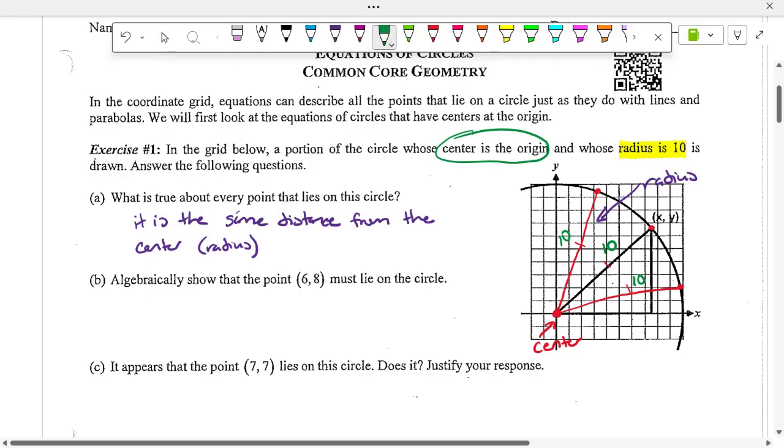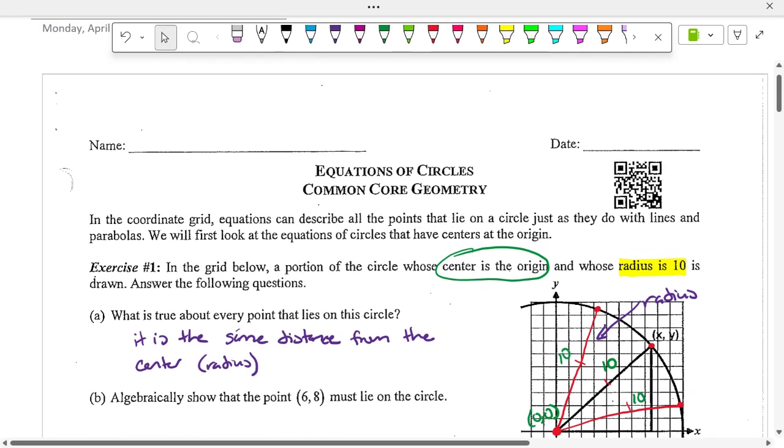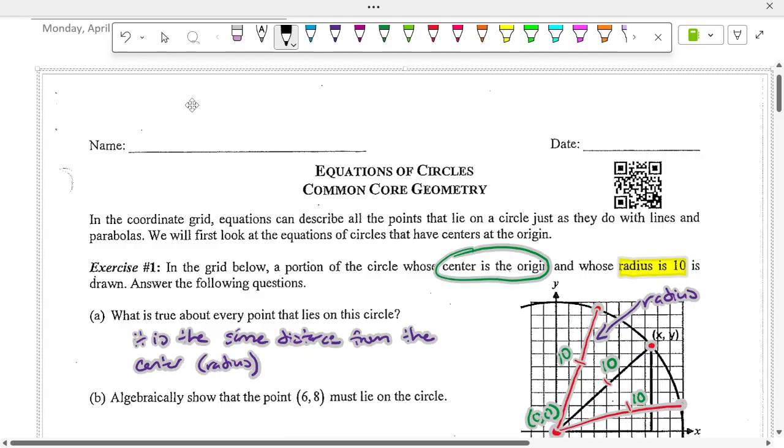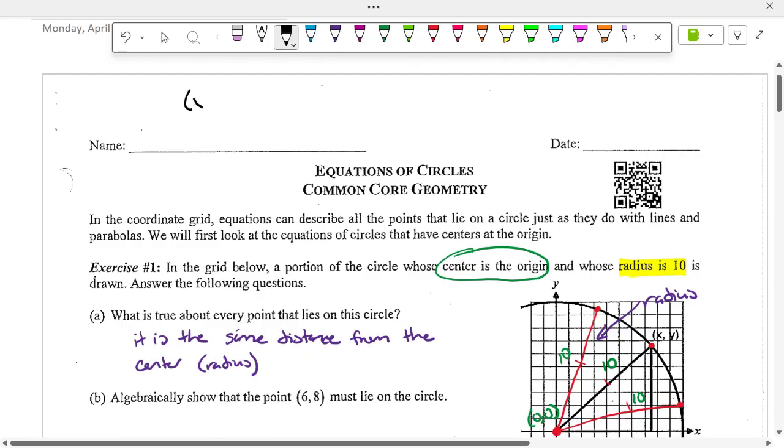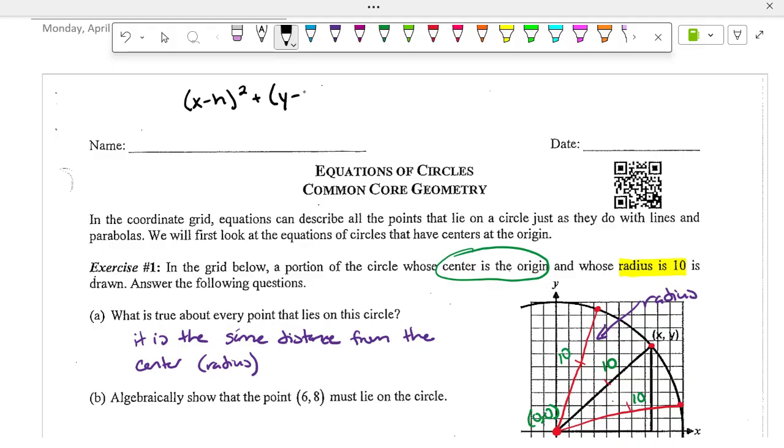So what point is the origin? (0, 0). I would write this up top. Remember, the equation for a circle is (x minus h) squared plus (y minus k) squared is equal to r squared, where your center is (h, k) and your radius is r.